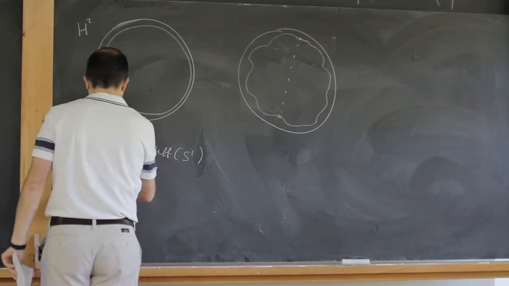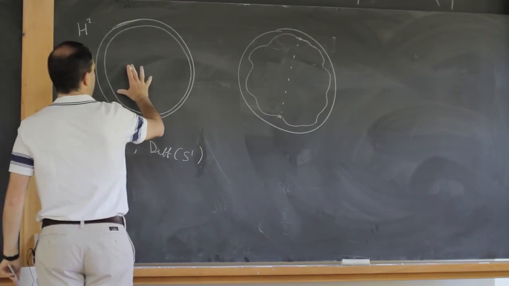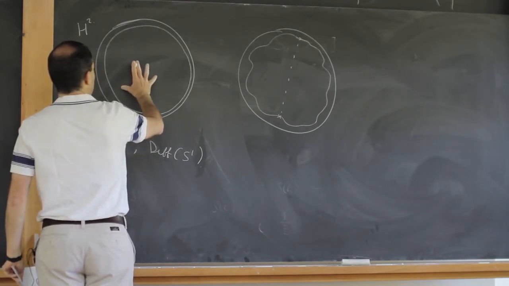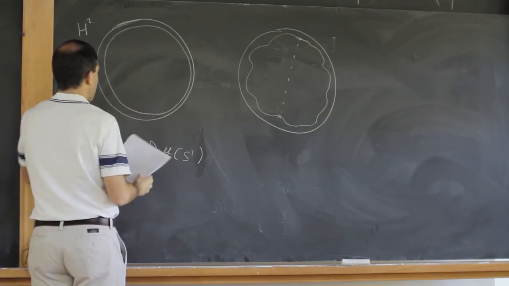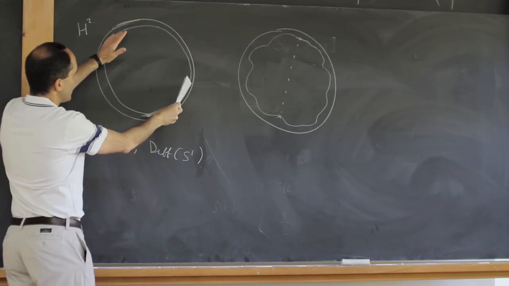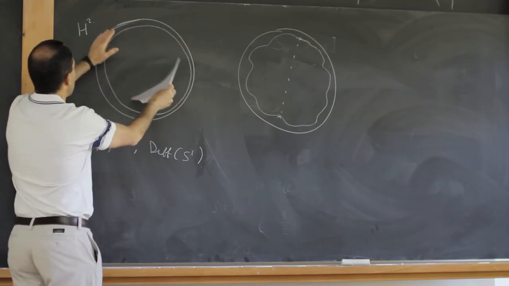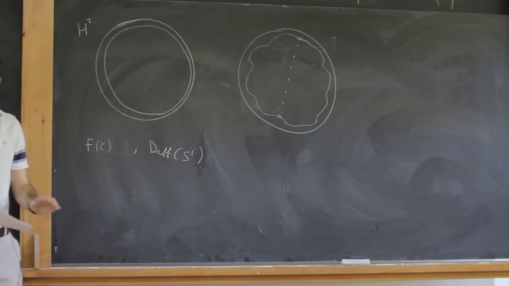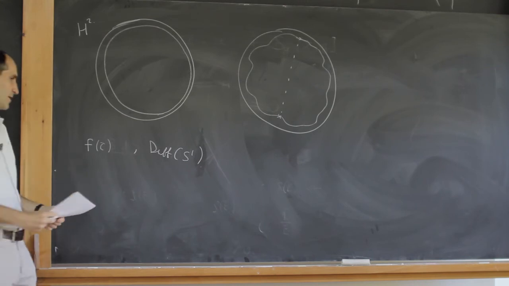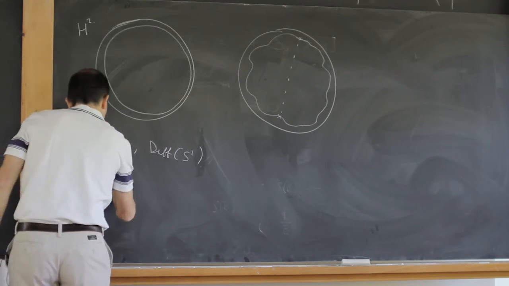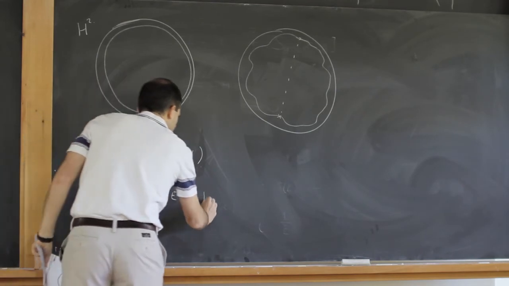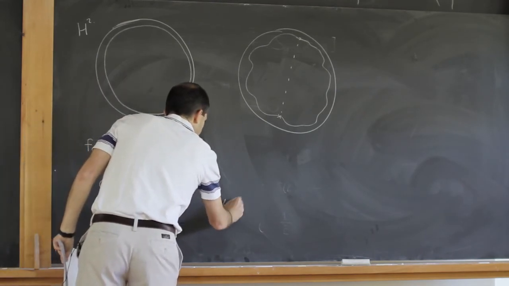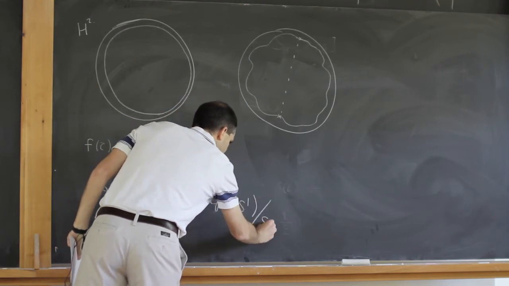Now, there are some diff transformations which leave the configuration invariant, which is the global SL2 transformation, because we just move the position of this whole piece of the spacetime inside the bigger H2 space. And that doesn't change anything intrinsic. So the Goldstones are really Diff S1 mod SL2, okay.